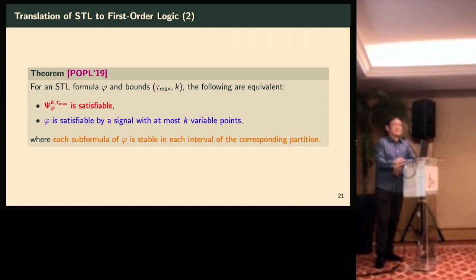Very simple question, but just to make sure that I got it right: does the use of variable points instead of time make you able to capture infinitely long trajectories, yes or no? If infinitely many variable points are stable. It's actually yes or no. If the time bound is infinite, it's still possible to have only a finite number of variable points.